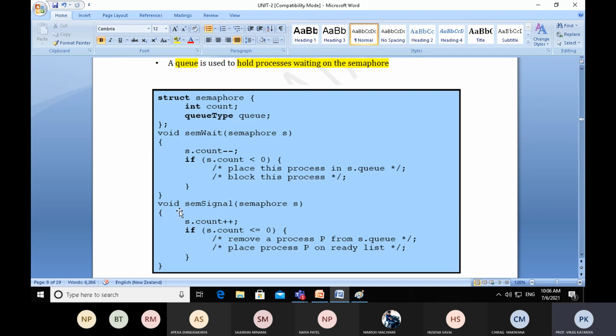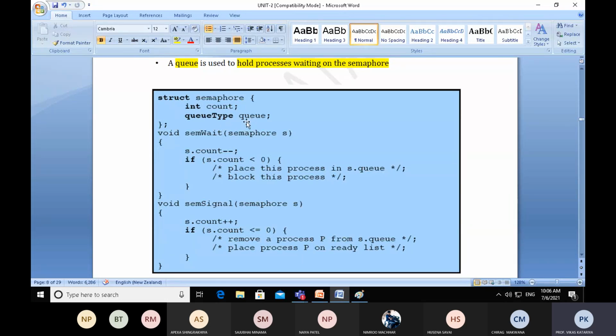Now the second function is void seam signal, which again takes a parameter s of type semaphore structure. S dot count plus plus, we know that if the seam signal function is called by any process, it increments the value of the semaphore. So here count is a variable of type integer, and we know that a semaphore is a type of integer value.